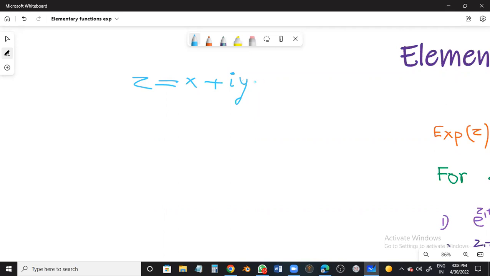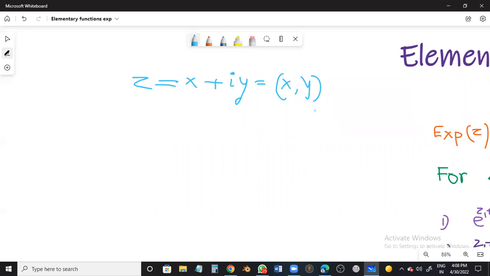So in other words, sometimes we denote this by ordered pair (x, y) also. So a single complex number is an ordered pair of two real numbers. This way we have to deal with a complex number.